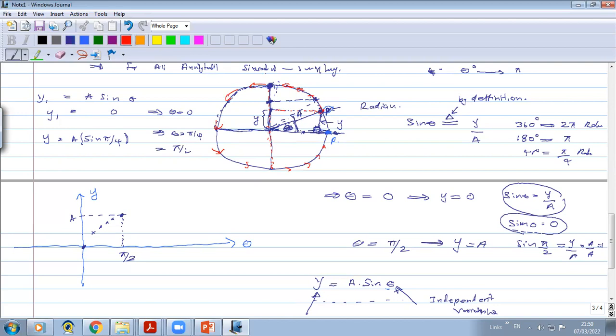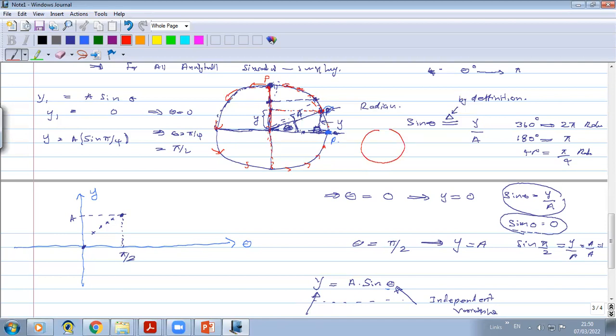This point now came to this section. At this time, y is equal to a. So y increases from 0 to a when this point is traveling from here to here.